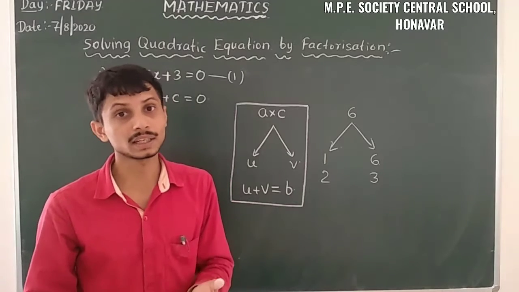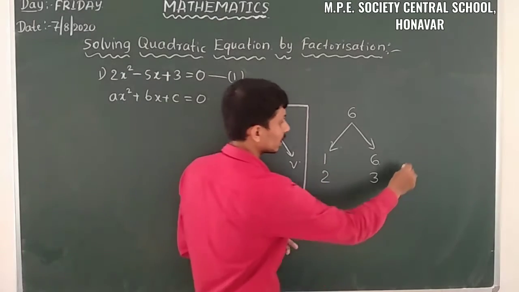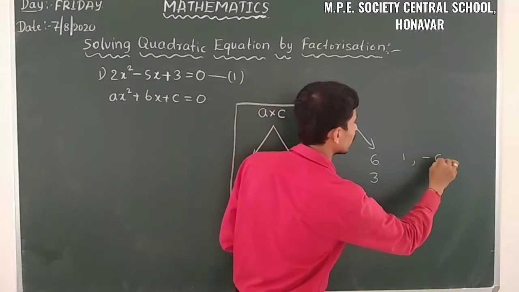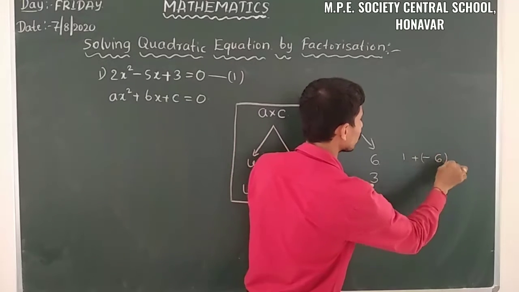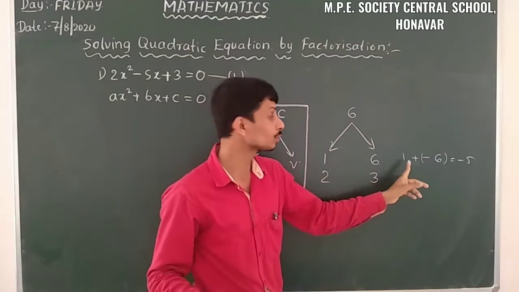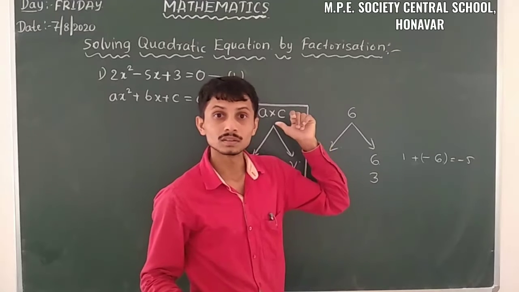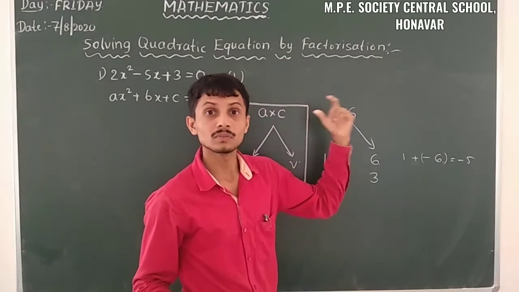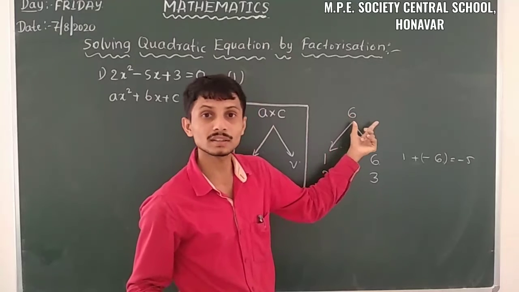So we have to check whether it is possible with 1 and minus 6. When we add those two terms, we get minus 5. But remember, these are the factors of this quadratic equation, so when we multiply those two terms, we must get 6 here.